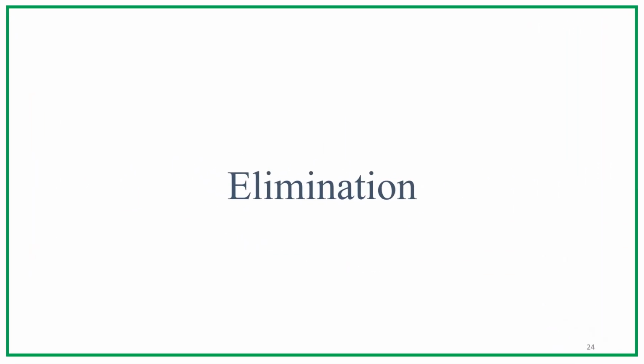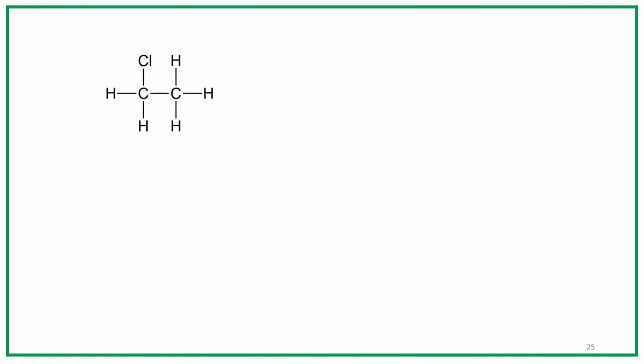Next type of reactions are elimination reactions. For elimination reaction, I will take this example which contains an alkyl halide. In this kind of alkyl halide, as you know, when you mix with a polar solvent, they have some negative part and positive part, which we call permanent dipole.